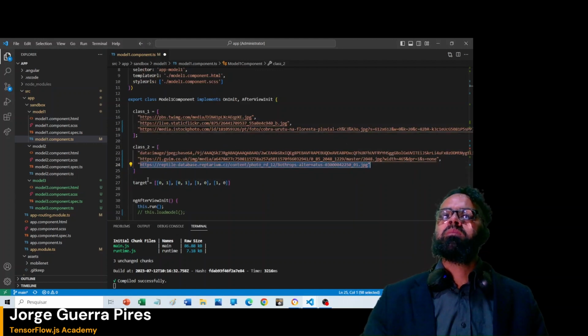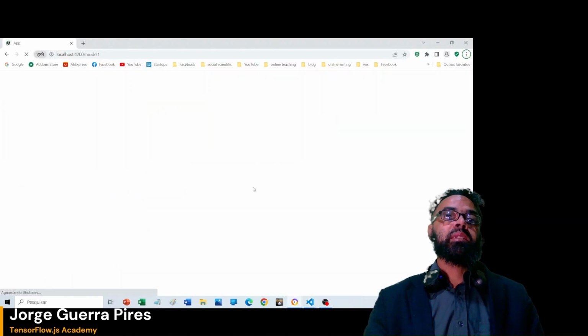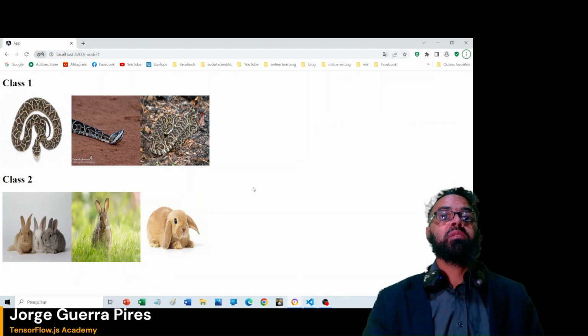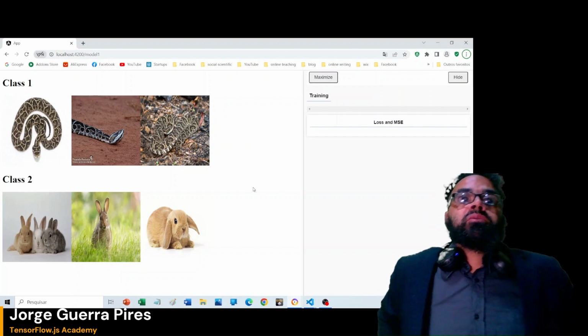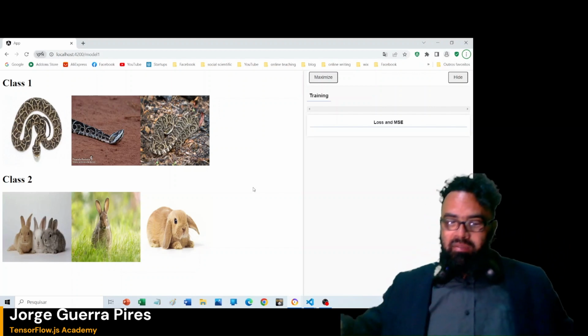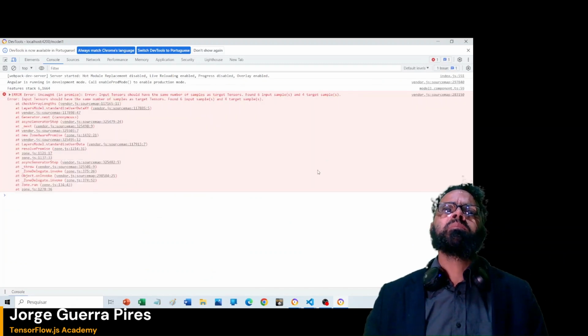Anyway, you can always put more images and see how the classification works. The idea is that as you put more images, it's supposed to be better. I mean, you may need a couple of images to be able to do anything good. I don't know what happened. Let's see if there's any problem here. I think one of the images may be problematic.